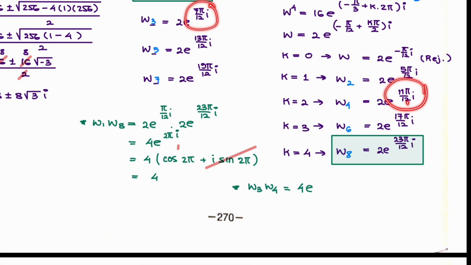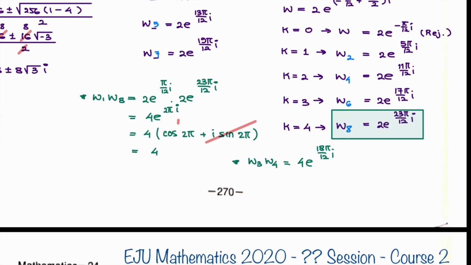That means you will obtain 18 pi over 12. And then if we convert it into polar form, I can simplify the argument here, yeah? 18 over 12 is the same as 3 over 2. Like this. And then if you express this in polar form, you will obtain 4 cos 3 pi over 2 plus i sine 3 pi over 2.